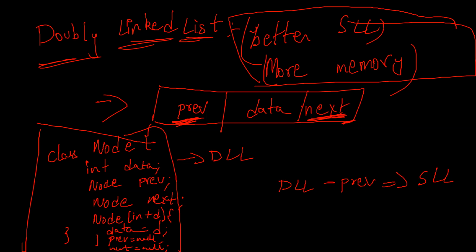So this is how we represent it. Keep it in mind, we have previous and next. It's better than a singly linked list because we have two things, previous as well as next.